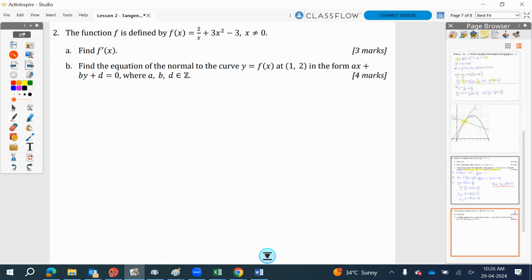Okay. So a function is defined by f of x is equal to 2 over x plus 3x squared minus 3. Find the derivative. Have a go at doing this for yourself now.